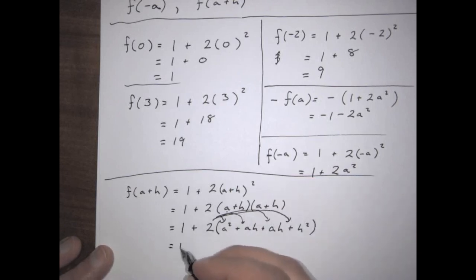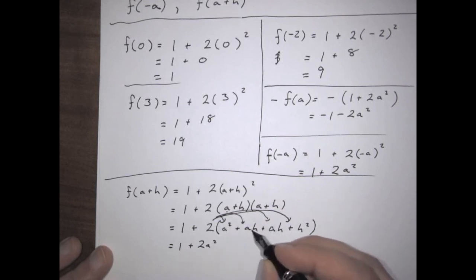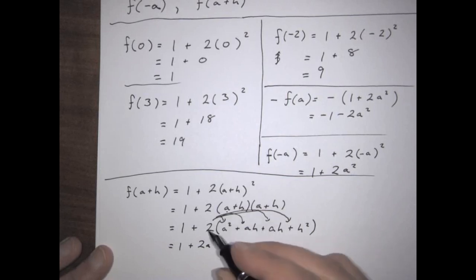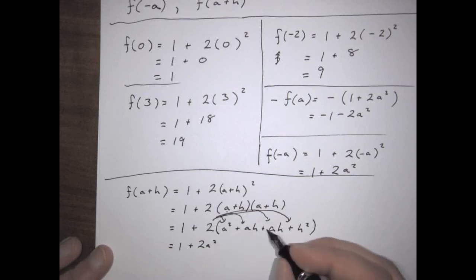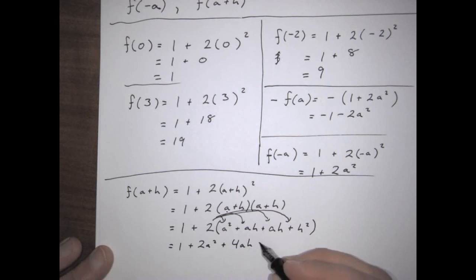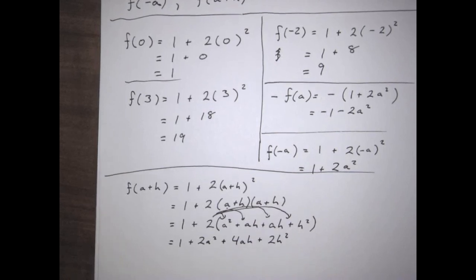And that's going to give us a 1 plus 2a squared. And here we have AH plus another AH. So it's going to be, when we distribute it, 2AH plus another 2AH for a grand total of 4AH. And then finally plus 2h squared. And if there were any like terms, I would now combine them.